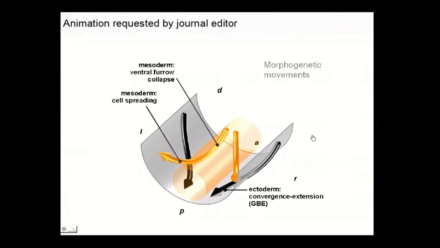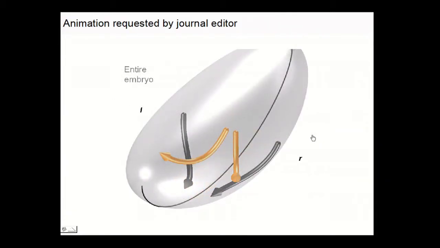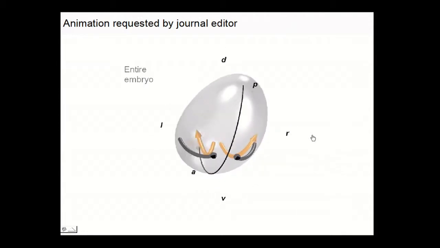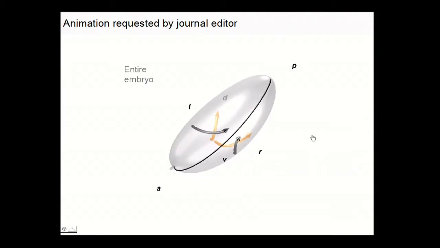So I hope this animation helped you to understand the movement in 3 dimensions. But this was also a challenging issue in terms of visualization for us, to make that kind of animation.